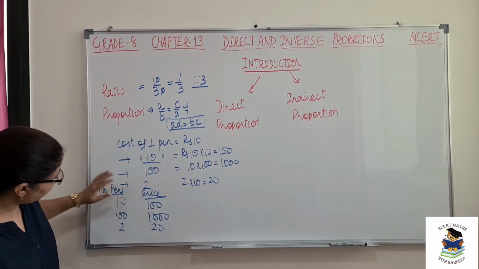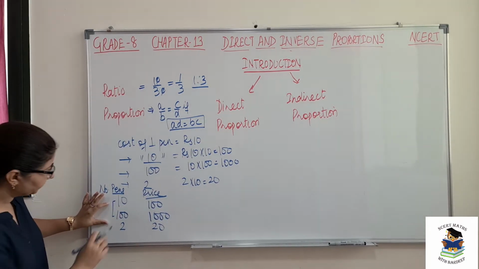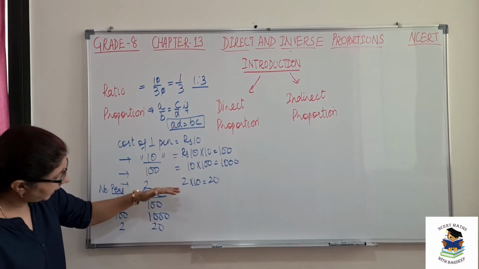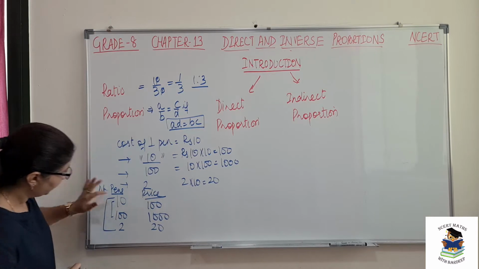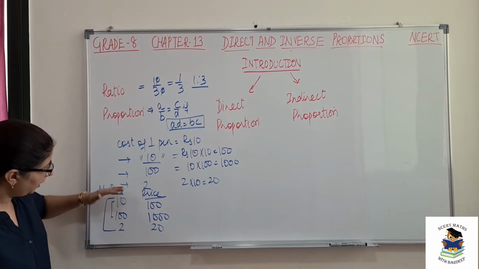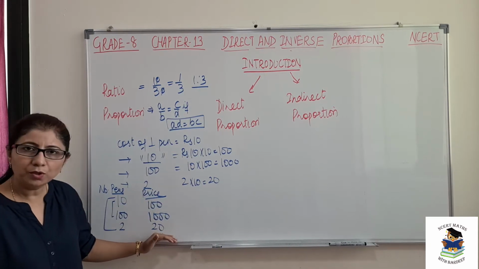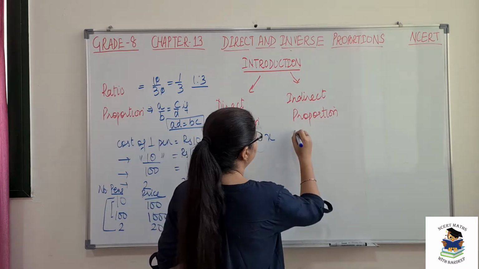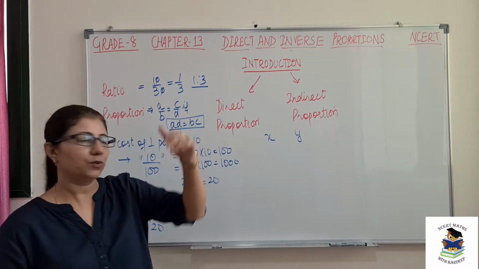So we can analyze from here. If you compare these two values, if your number of pens are increasing, price is also increasing. If we compare these two, 10 to 2, if number of pens are decreasing, this value is also decreasing. So that means we have two quantities like X and Y. If one increases, second also increases.